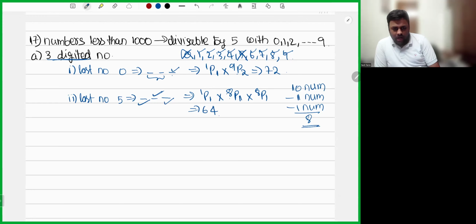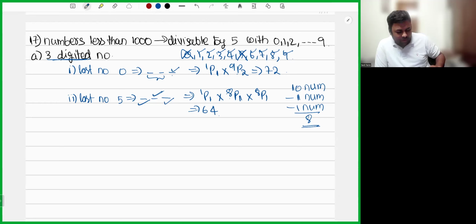So numbers less than 1000, first three-digit numbers. I took last number 0, next I took last number 5. When I took last number 0, I got 72 ways because I kept the last number in the last place, and 9 numbers I can keep in the first two places in 9P2 ways. One minute.